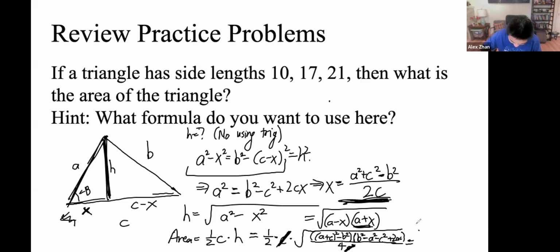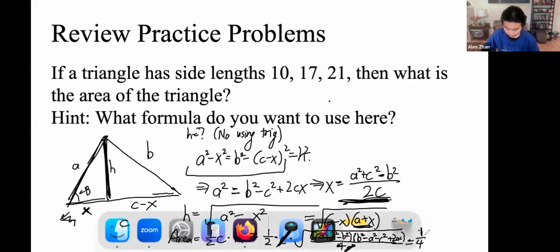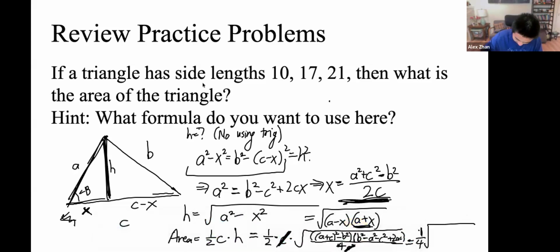Okay, so over here, I will first extract the 4 out. So this becomes 1/4 square root of, oh yeah, and then we have to take the difference of squares again. A plus c squared minus b squared, that's a plus c minus b, a plus c plus b, right? What about this one?